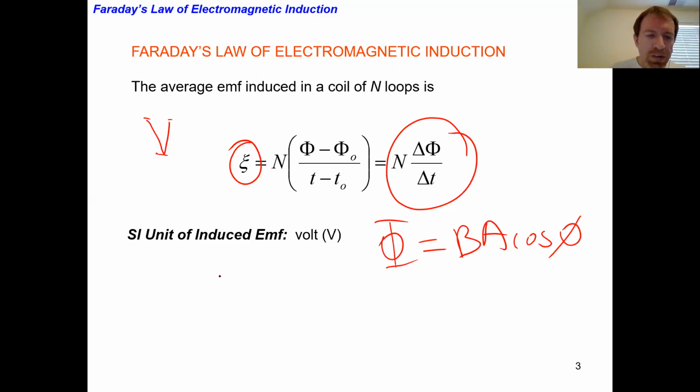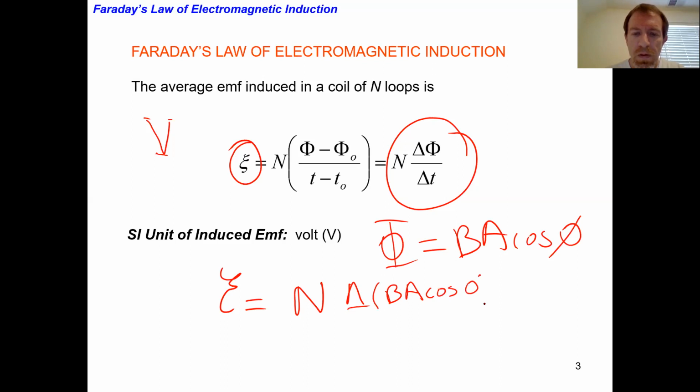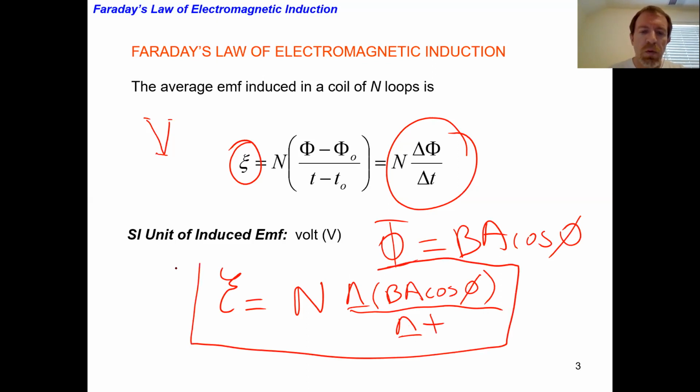So this literally says that our EMF is equal to however many loops or turns that we have, times the change in BA cosine phi over the change in time. All right. So that is a great formula to figure out EMF or voltage.